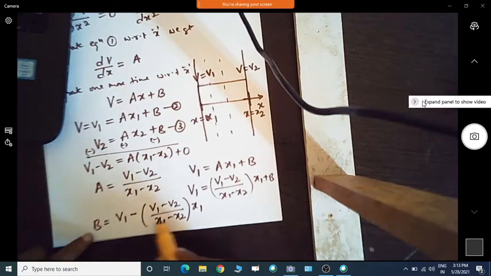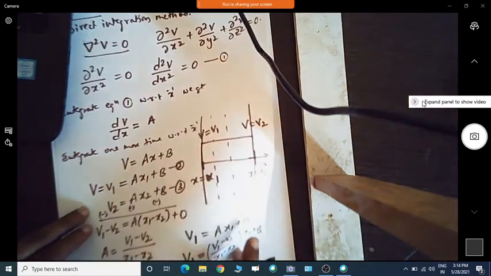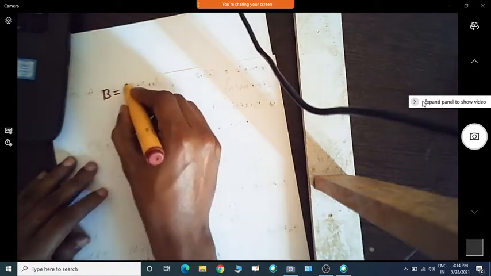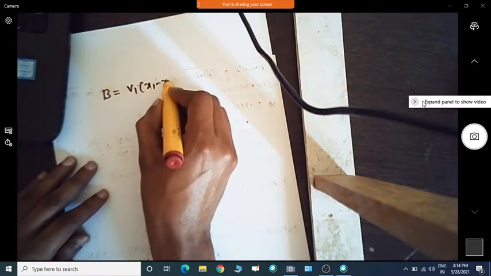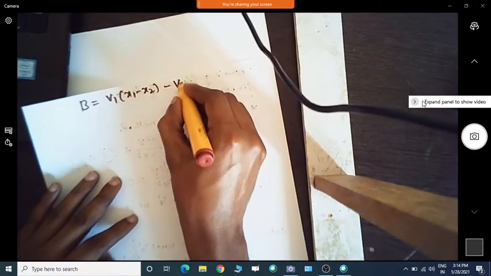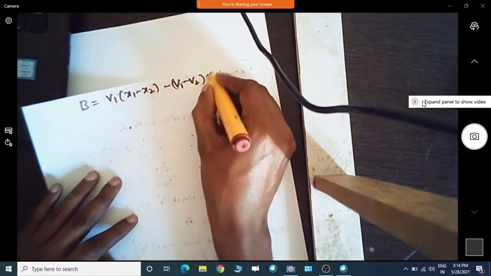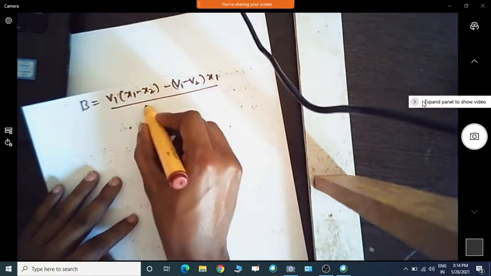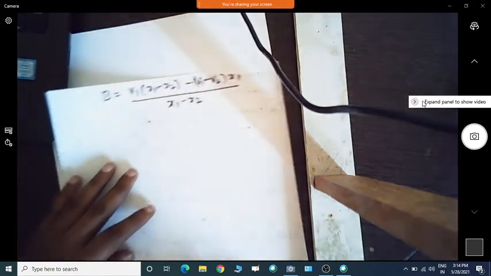Taking the LCM, we get the value for b: b equals v1 into (x1 minus x2) minus (v1 minus v2) into x1, all divided by x1 minus x2.